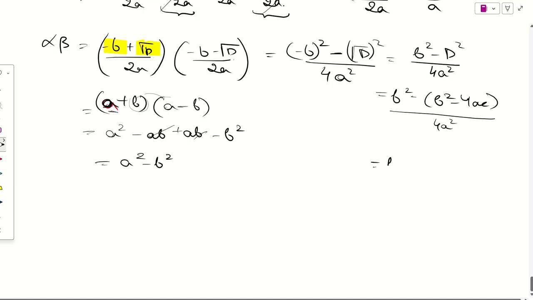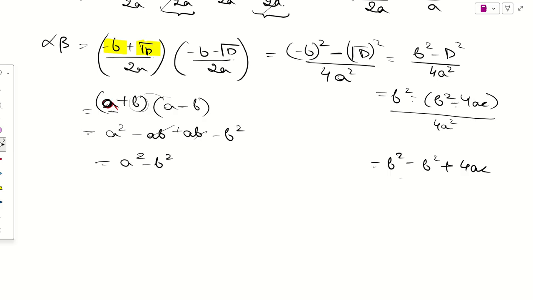Here we have b square minus b square, minus minus gives you plus 4ac upon 4a square. These are the same term in opposite sign, they will be cancelled out, and here you have c upon a. 4 will be cancelled out, and this A will cancel with this A, and here you have c upon a. This is our product term.